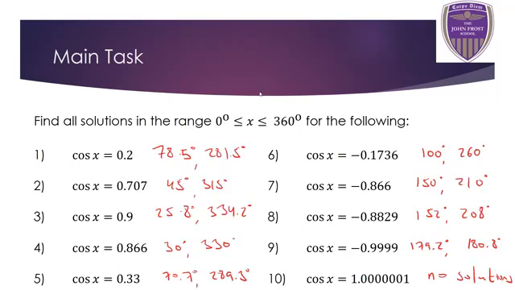So double check those quickly. Press pause, and double check those answers. See how you got on. Right, and then for question 10, there's no solutions. You should notice that when you put that into your calculators, it comes up as a math error, so there are no solutions for that one. Okay, bit of a trick question.